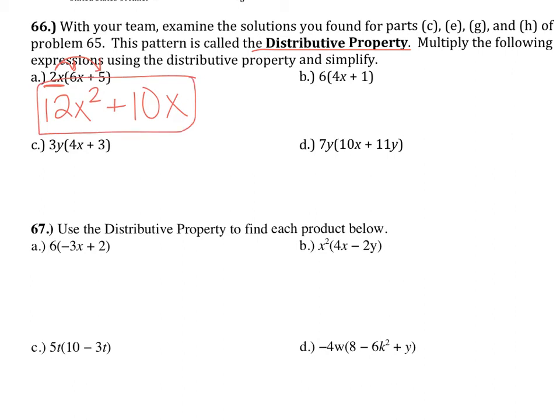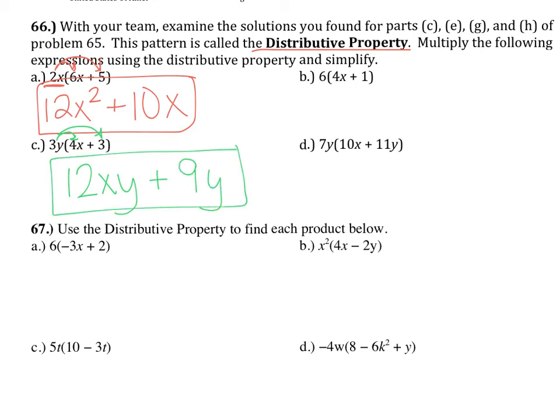So we are distributing inside the parentheses. Taking a look at part C, it's the same idea. Now we're just dealing with a 3y. So 3y times 4x is 12xy. 3y times 3 is going to be 9y.